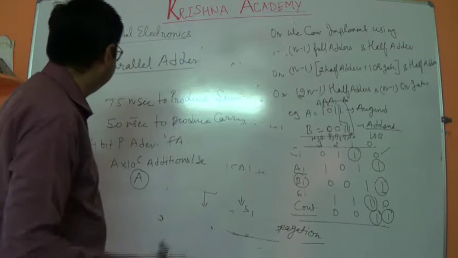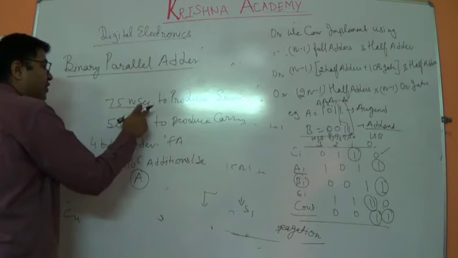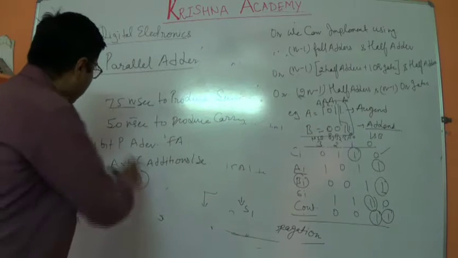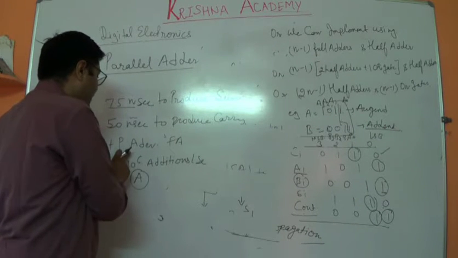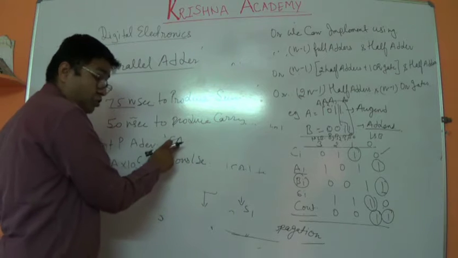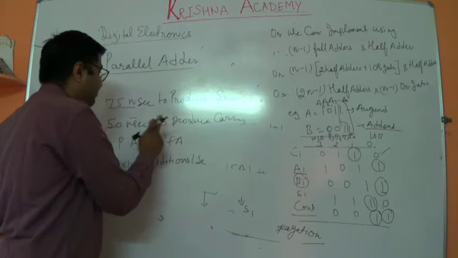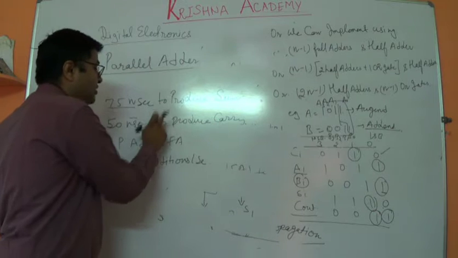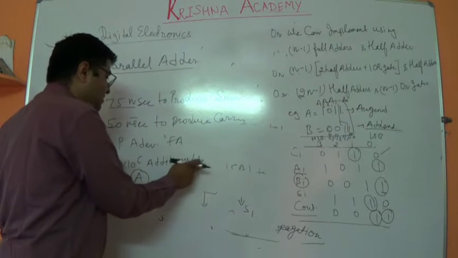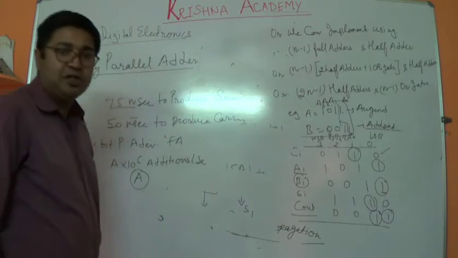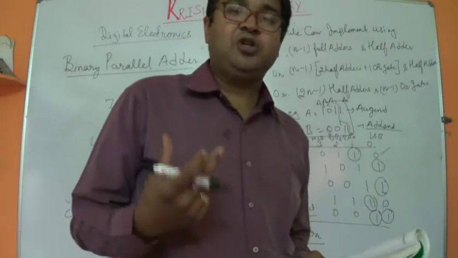Now it is asking: one full adder takes 75 nanoseconds to produce a sum and 50 nanoseconds to produce a carry. It is a 4-bit parallel adder, so 4 full adders are provided, and each adder will take this much time to produce sum as well as carry. Now A into 10 to the power 6 is the number of additions per second which this particular adder can perform.